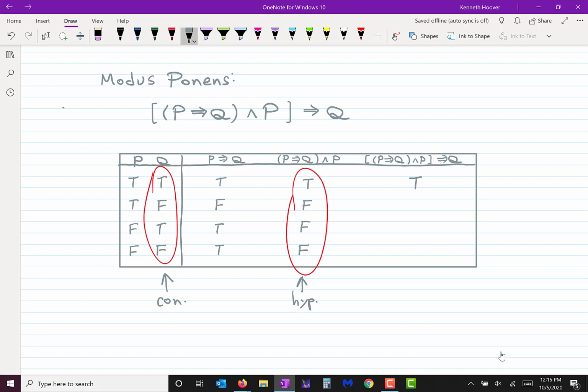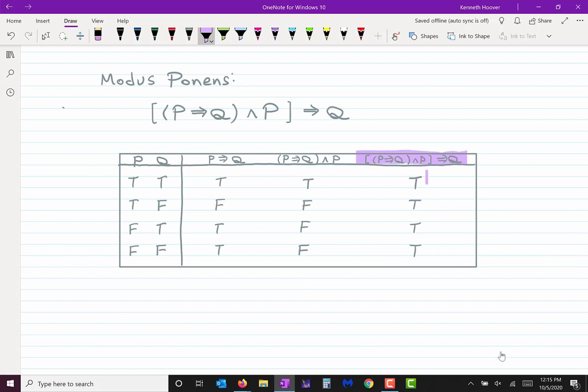In the other three rows, the hypothesis is false, which means the implication is automatically true. Because the only way an implication is false is if the hypothesis is true and the conclusion is false. So you see that in all possible cases, that's true. So that's a tautology. Okay?